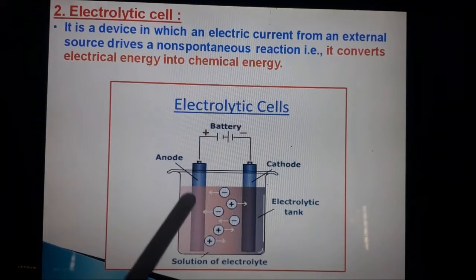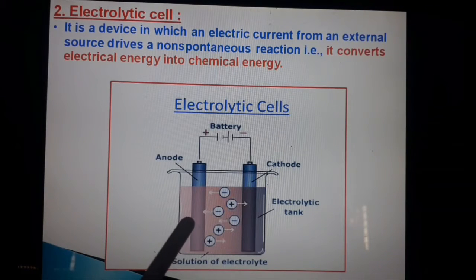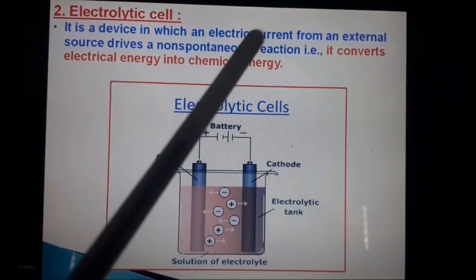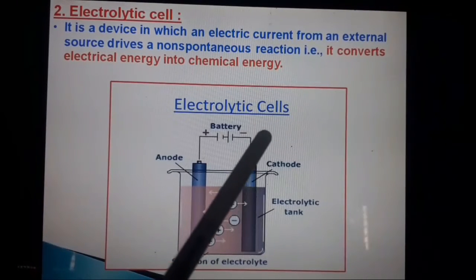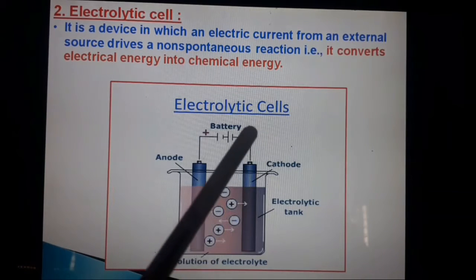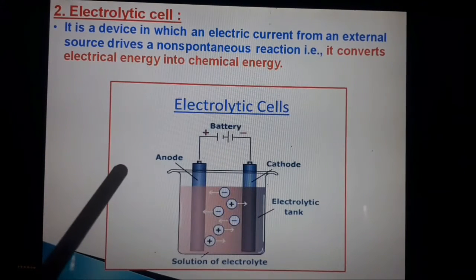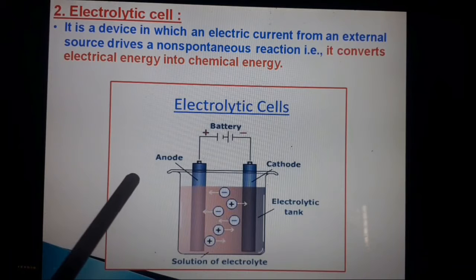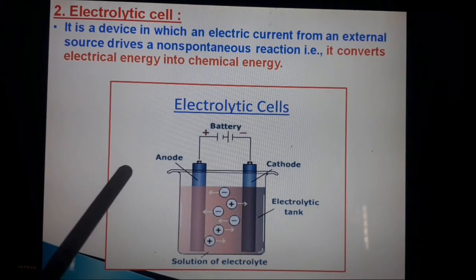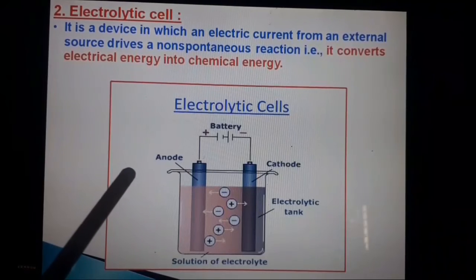If current is passed, the anions move towards the positive electrode and the cations towards the negative electrode. This is the principle of the electrolytic cell. In the galvanic cell, chemical energy becomes electrical energy; in the electrolytic cell, electrical energy becomes chemical energy.